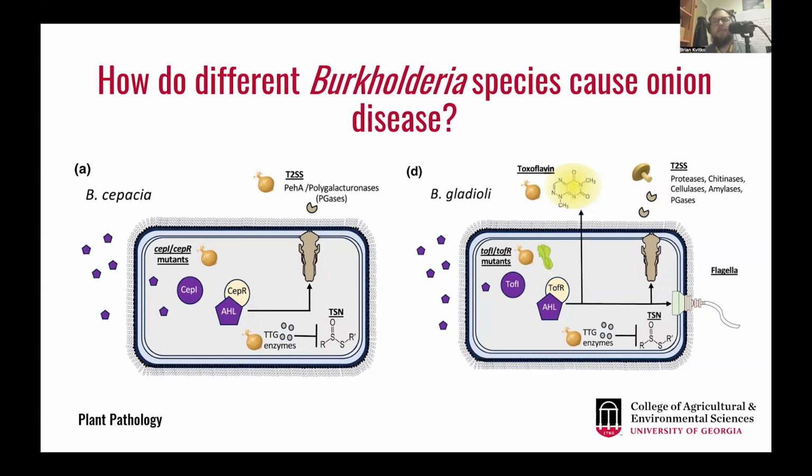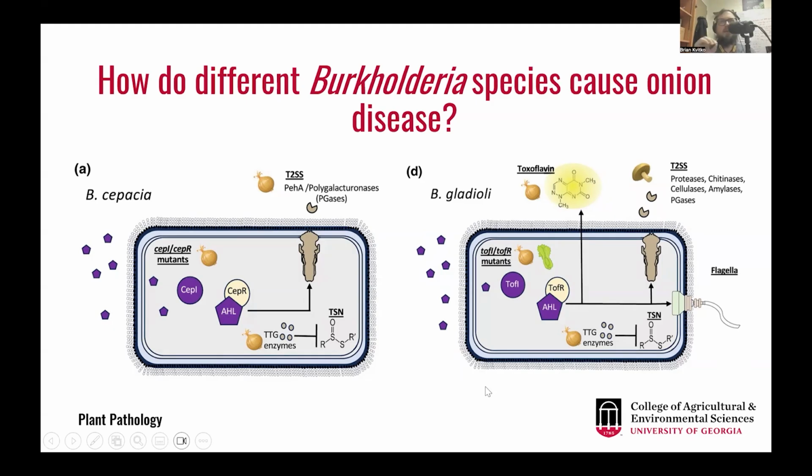Gladioli also secretes some of those enzymes, but it produces one of these natural products called toxaflavin, which is a yellow colored compound that is important for it to be able to cause disease. So they're similar, they're related, but they do cause disease in different ways.